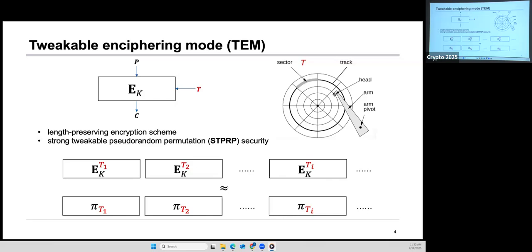It is particularly well suited for applications like full disk encryption. By using the data unit index, such as the sector number, as the tweak, TM ensures independent pseudo-random permutation for enciphering each unit. So it is a very strong encryption if we satisfy the security of STPRP.